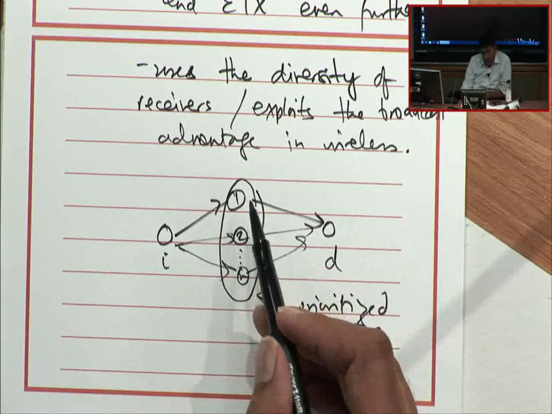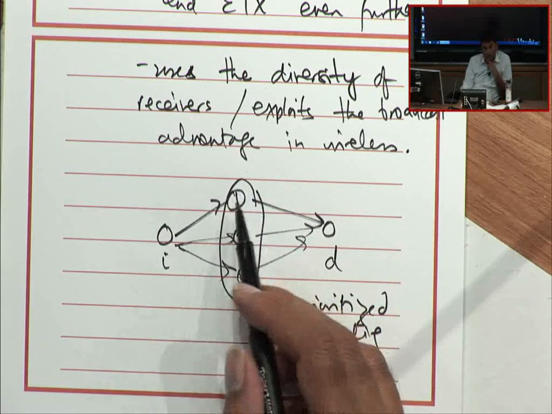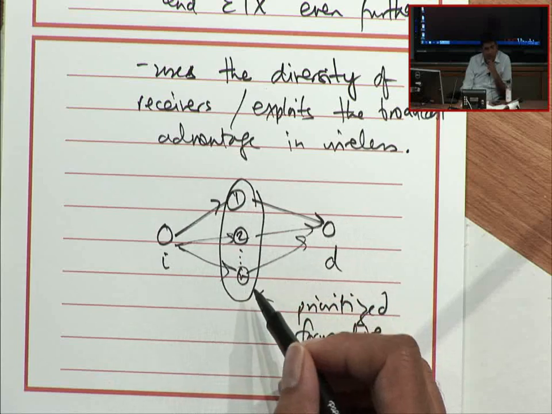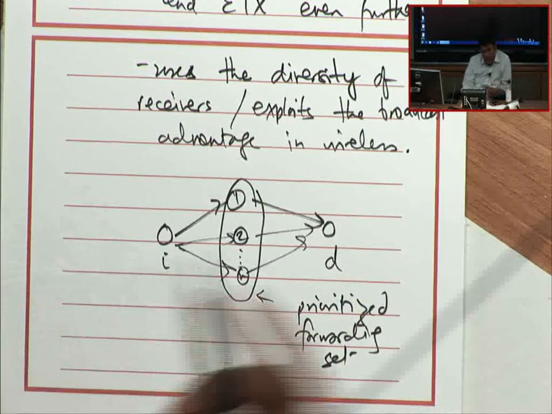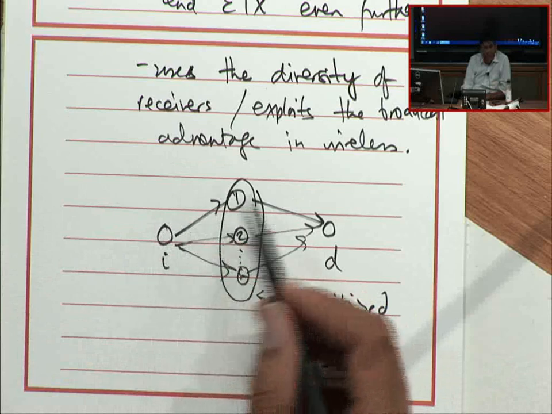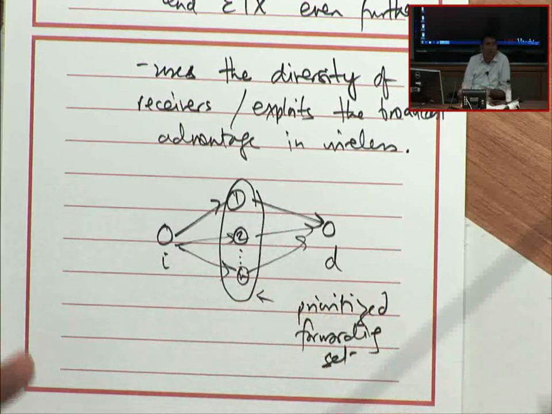And if node number 1 gets that packet, it's going to forward it. If node number 2 gets the packet, but 1 does not, then 2 can forward. And if any of the above nodes have not received the packet, then this node can forward. And by allowing this diversity of potential forwarders, you reduce having to retransmit the packet from I to the first node multiple times just to make sure that it gets it, because somebody will have gotten it.